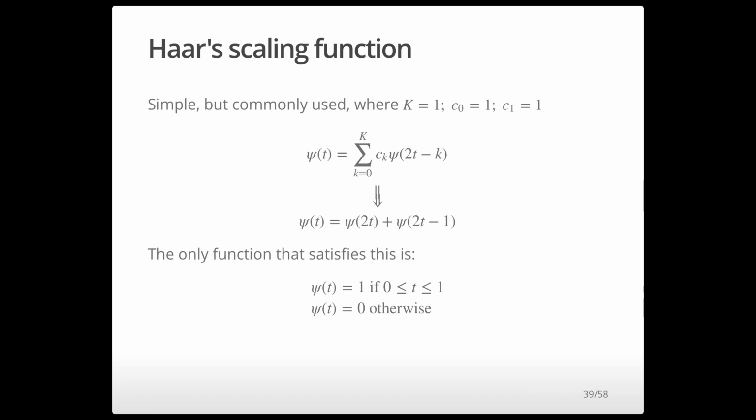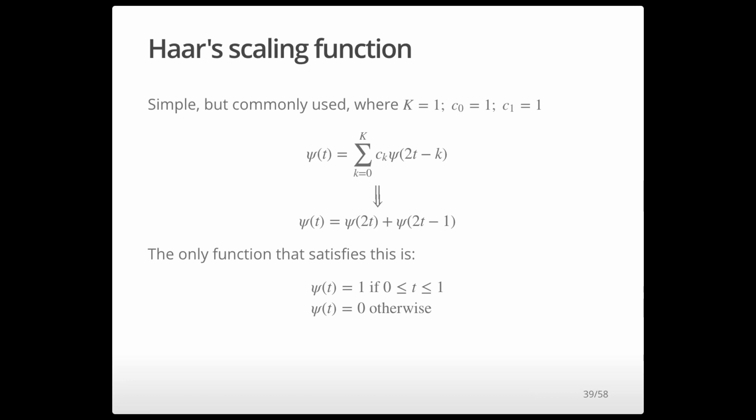So if you put these values into our general equation, that means that our wavelet is going to be formed from these two scaling functions, right? Because when k is 0, this goes away, and that's 1, so it should just be 2t. And when k is 1, you put a 1 in here, so it should be 2t minus 1. So the sum of those gives you our wavelet.